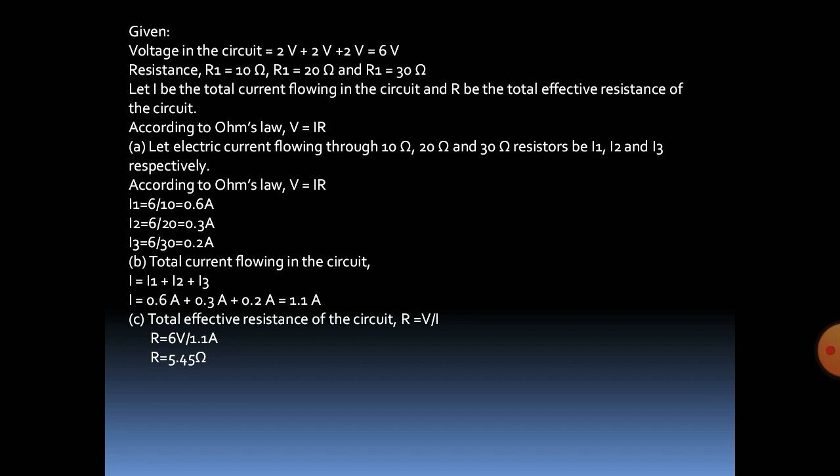Let the total current be I in the circuit and R be the total effective resistance. Applying Ohm's law, V is equal to I into R, we can calculate the current through each resistor. After calculating the current through each resistor, you can calculate the total current. When you calculate the total current, you can calculate the effective resistance.